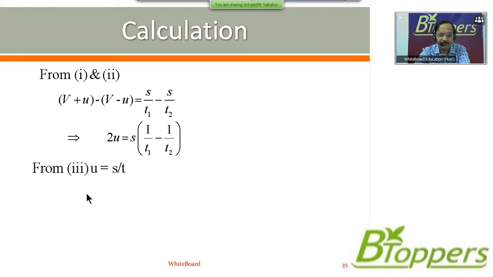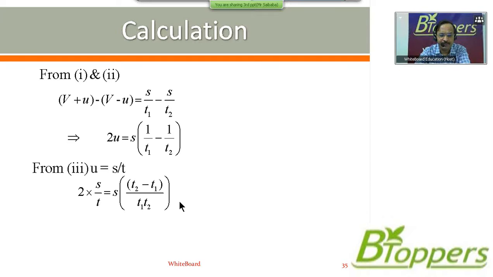You can substitute. From third equation, you can write U equal to S by T. You can substitute U equal to S by T on the left hand side. Come and simplify it yourself. Solve for the time T in terms of T1 and T2. You can substitute U equal to S by T here on the left side.